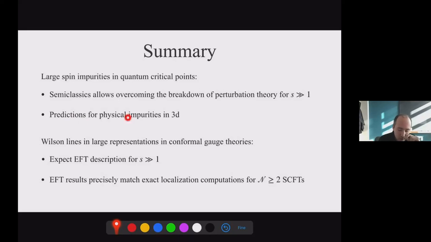And perhaps even more importantly, we have a prediction for physical impurities in 3D magnets. For Wilson lines, I instead motivated the idea that there should be an effective field theory description for large representations. And I studied in detail the case of superconformal field theories, finding perfect agreement with localization.